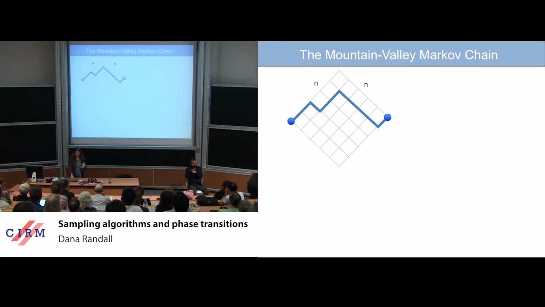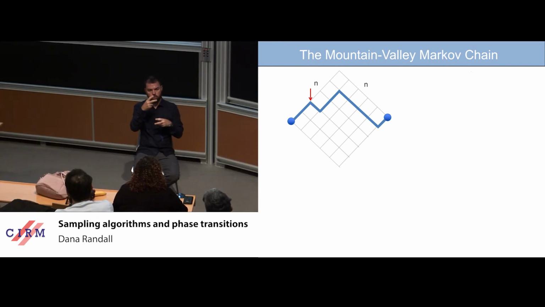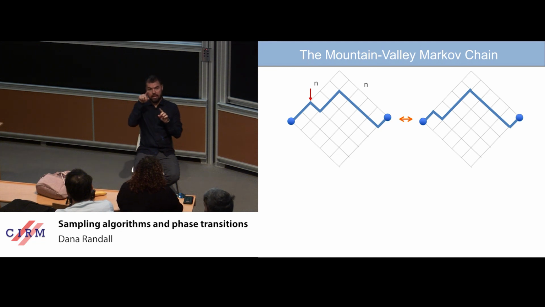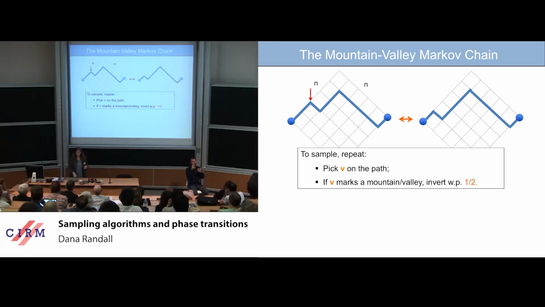So here's one. And my Markov chain is going to choose a point along this lattice path by dropping a vertical. It intersects this once. And if it's a peak, then I could invert it and map it to a valley. And this is invertible. So on the right, if I chose this point, I could go back.